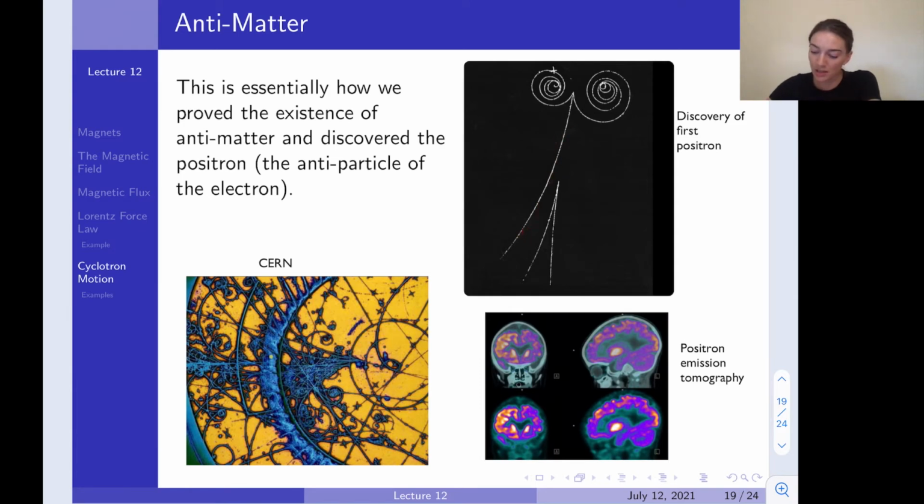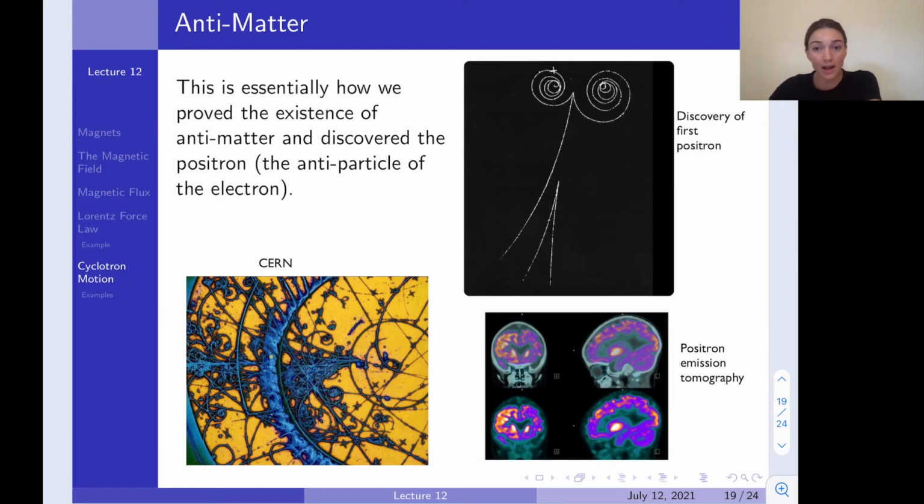And what they do is they send particles into a chamber where they can track the movements of the particles. This chamber has a magnetic field in it, and judging by the direction that the particles spin in, they can tell its charge. By the radius, they can tell its mass to charge ratio, its velocity.